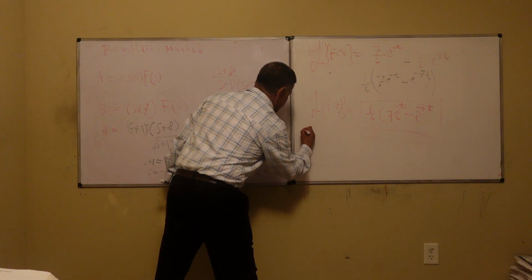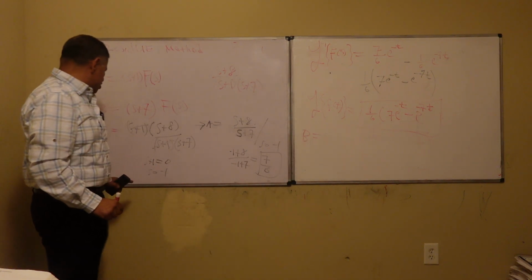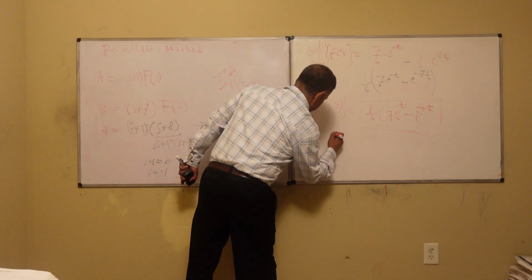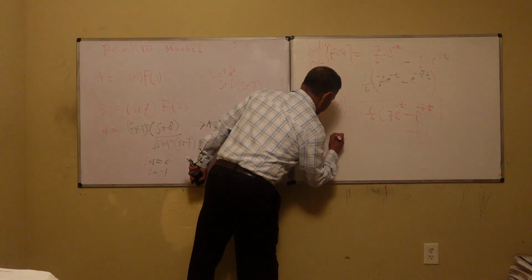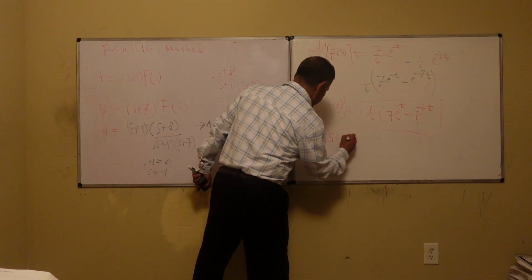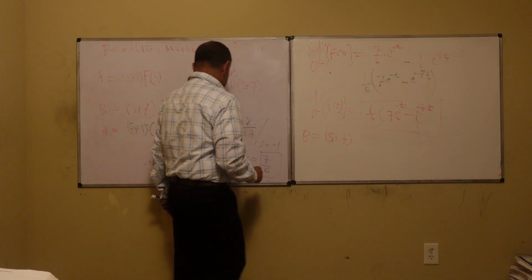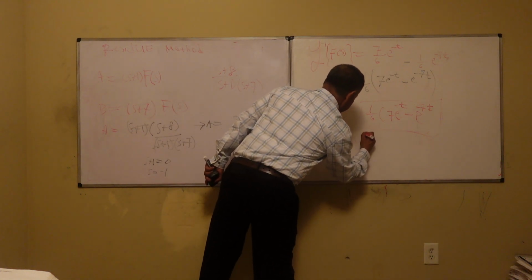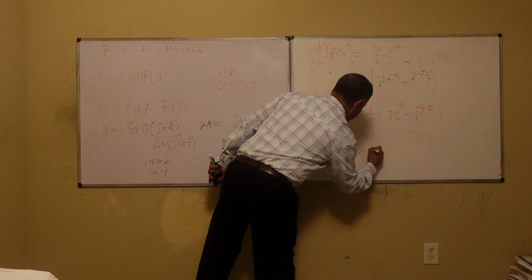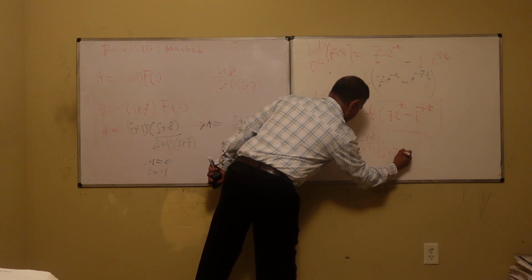B is equal to S plus 7 times S plus 8 over S plus 1 times S plus 7, right?